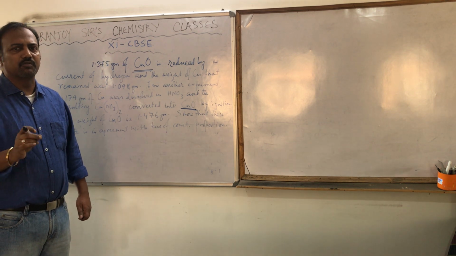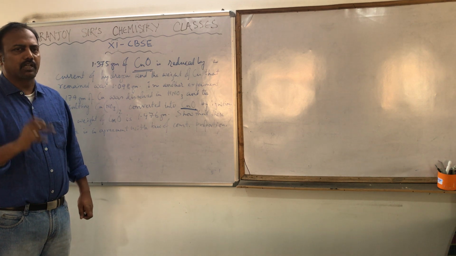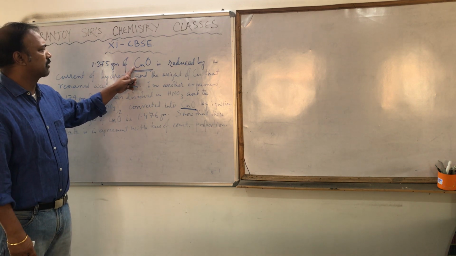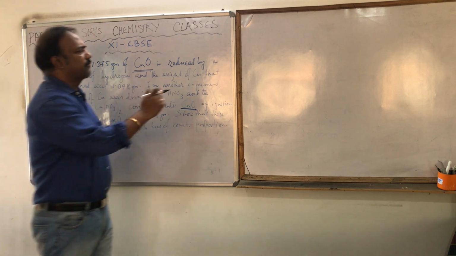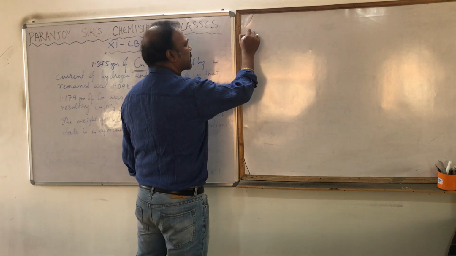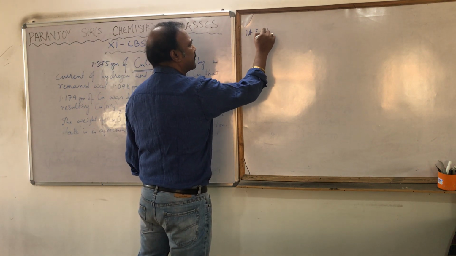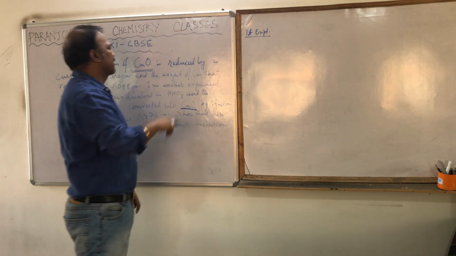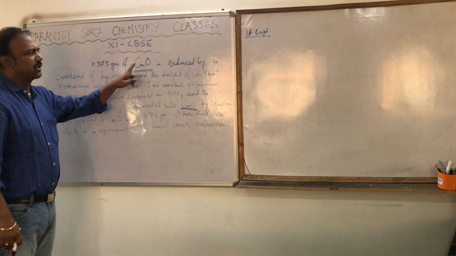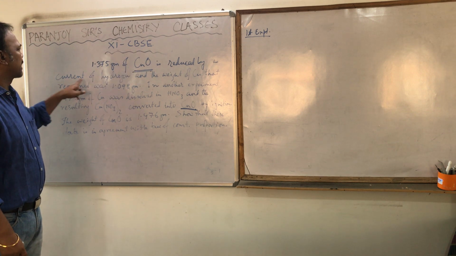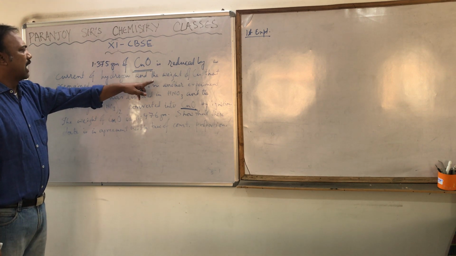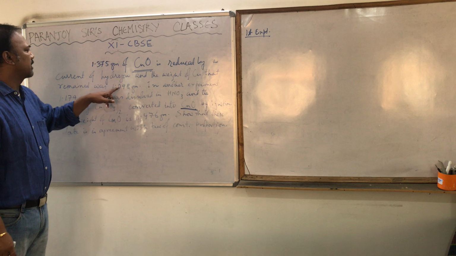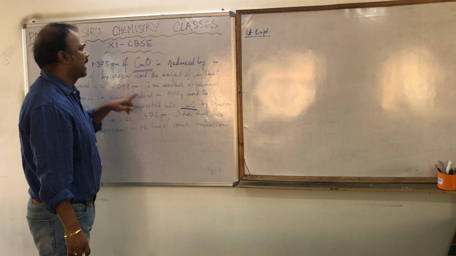Our job is to see what compound we are talking of, which is CuO. In the first experiment, the compound is CuO reduced by a current of hydrogen, and the weight of copper that remained was 1.098.